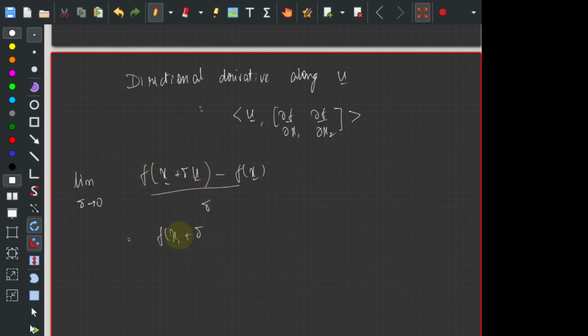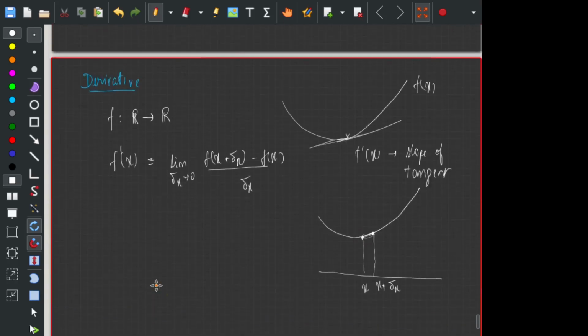So let's take f of x1 comma x2 plus delta u2 minus f of x, divided by delta, correct? So what does the derivative mean?